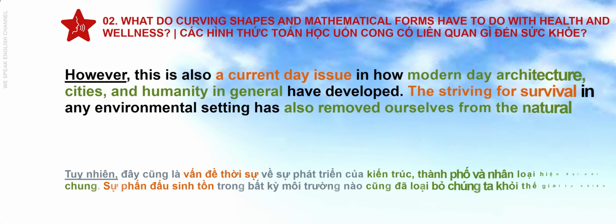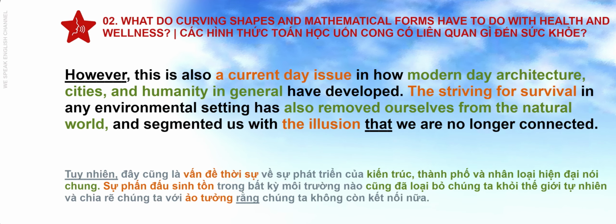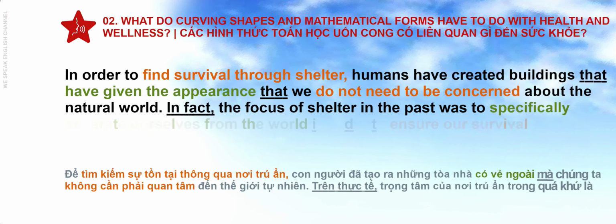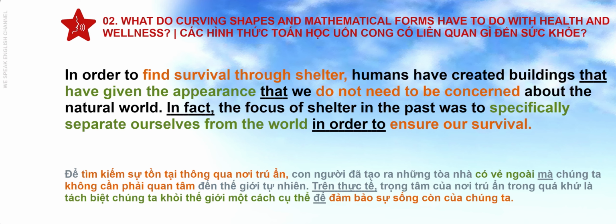However, this is also a current-day issue in how modern-day architecture, cities, and humanity in general have developed. The striving for survival in any environmental setting has also removed ourselves from the natural world and segmented us with the illusion that we are no longer connected. In order to find survival through shelter, humans have created buildings that have given the appearance that we do not need to be concerned about the natural world.